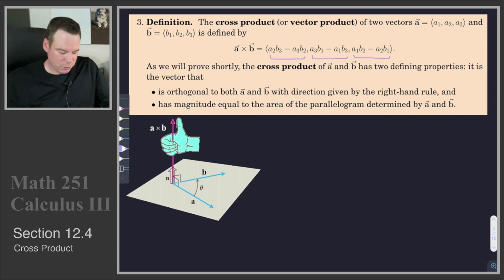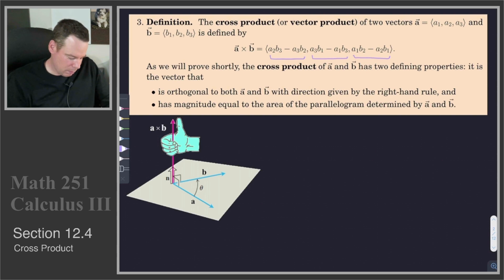You can notice that the first component of the cross product only depends on the second and third components of the original two vectors, and similarly down the line. The second component only depends on the first and third components. The third component only depends on the first two components. So we get each component of this cross product by considering some difference of products of the other components.